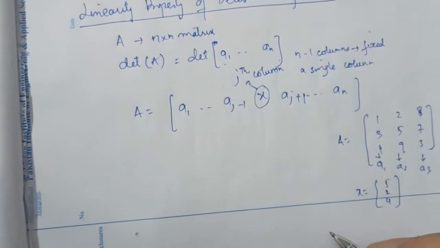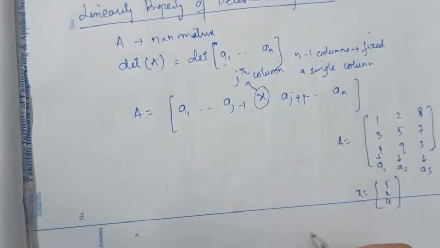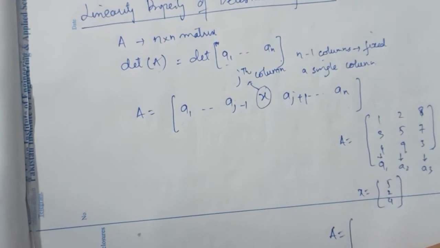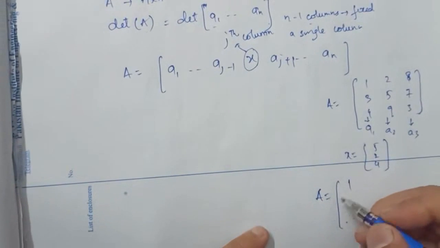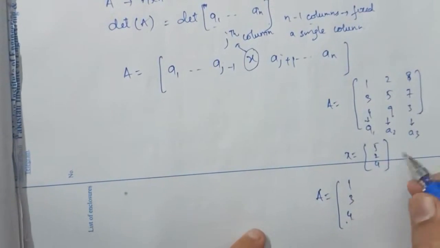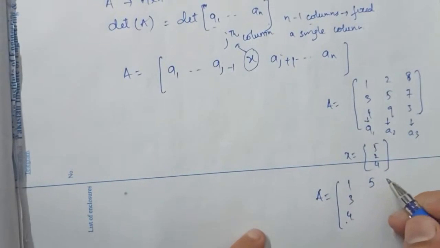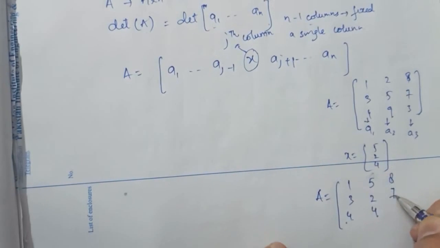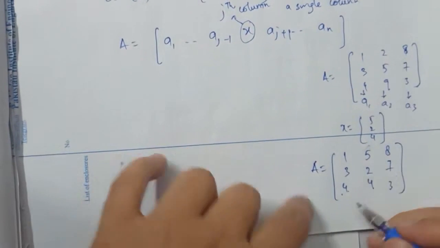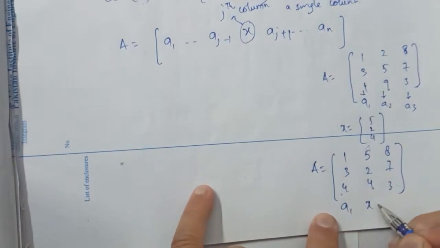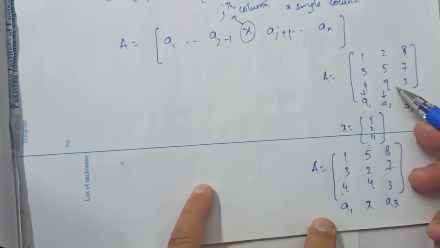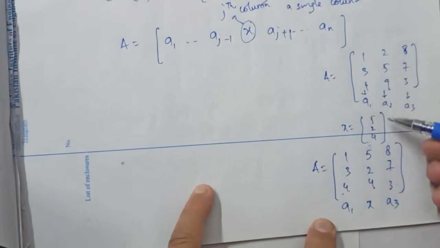Then I can write A as 1 3 4, 5 2 4, 8 7 3, where the second column is x. So I've replaced the second column of the A matrix with x.